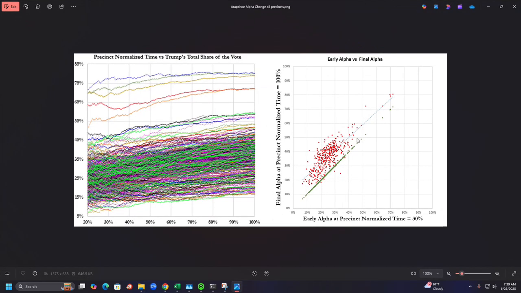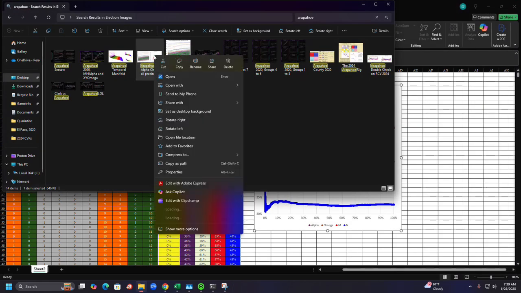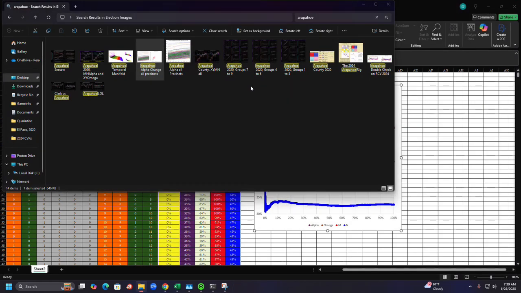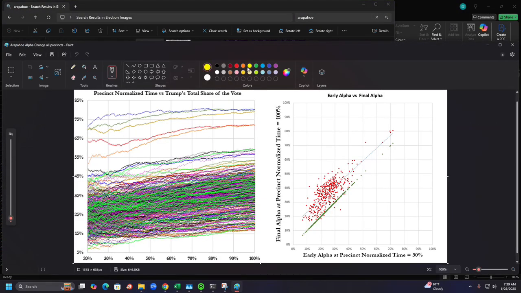So on the right side graph, you see, and you'll get this in El Paso as well, if the x-axis is the precinct's percentage, maybe a little early, I think a third into the election, 30% of the ballots counted. This is only the mail-in votes, by the way. I took the election day votes out in Arapahoe.